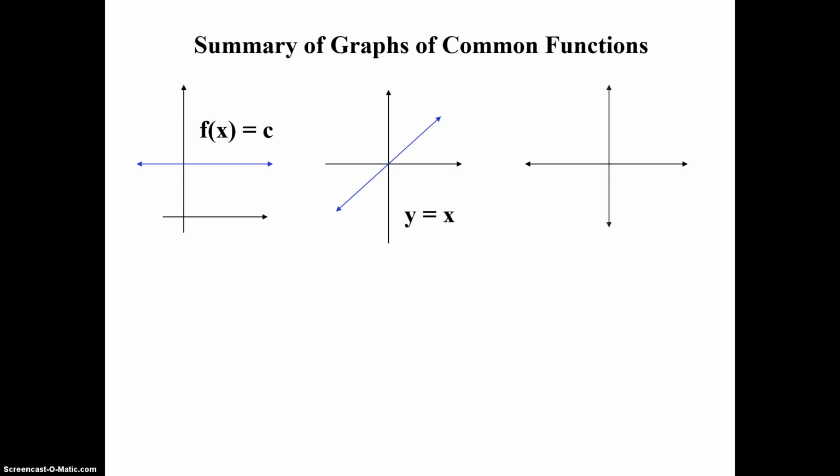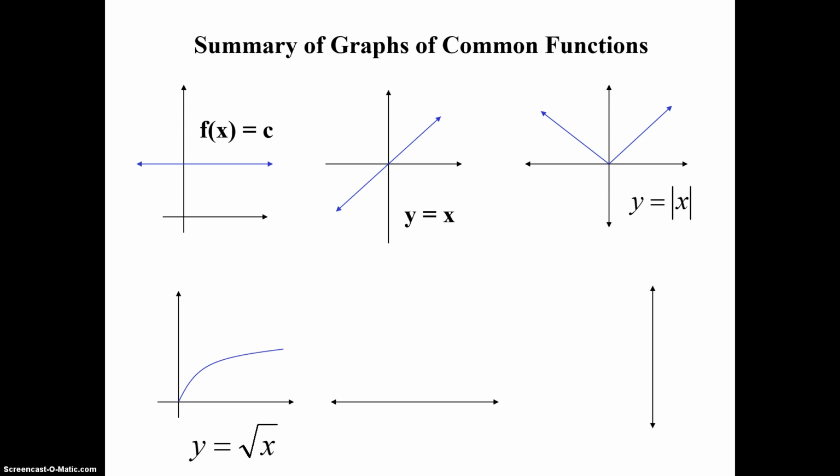Okay, moving on. I know you're probably going to get tired of seeing these, but for the next couple of weeks, it's going to be parent functions, parent functions, parent functions. So make sure that you know each of the characteristics as well as the names and the equations that are associated with each of these graphs.